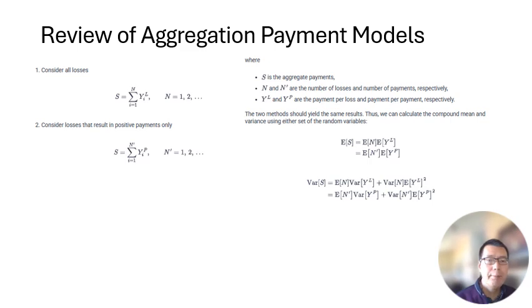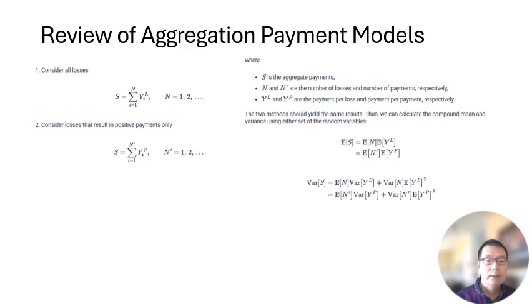And N and M prime are different. One is the number of losses, and the other one is the number of payments. The two methods should yield the same result. Therefore, we can calculate the compound mean and variance using either set of random variables.